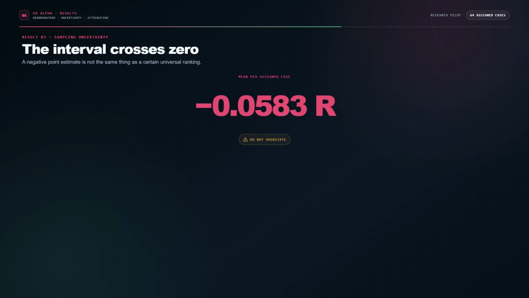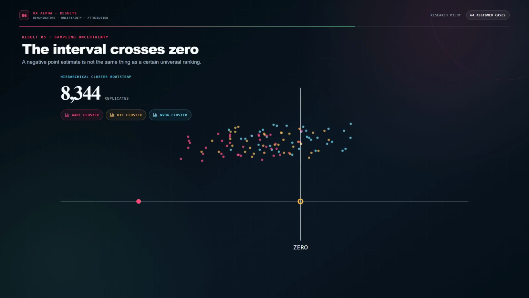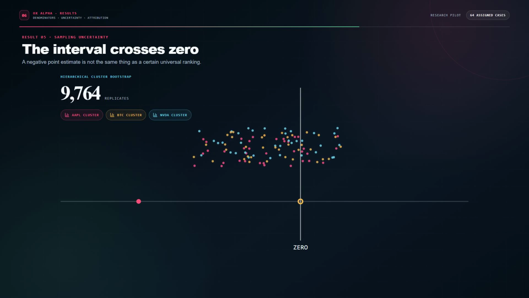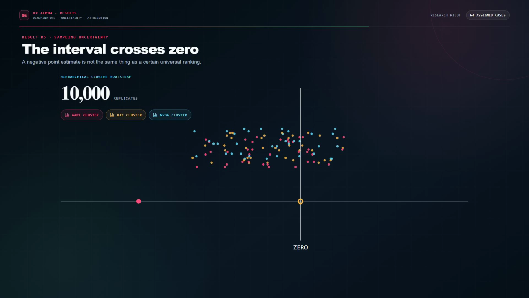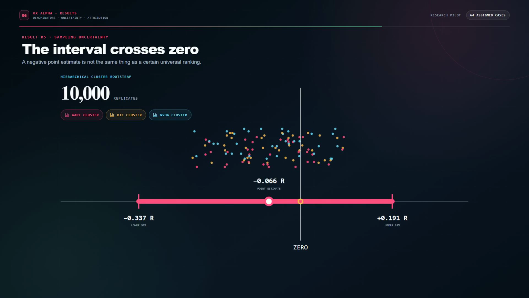The uncertainty interval also tells us not to overstate the result. A 10,000 replicate hierarchical bootstrap estimates mean system performance at negative 0.066 R per assigned case, with a 95% interval from roughly negative 0.337 to positive 0.191.